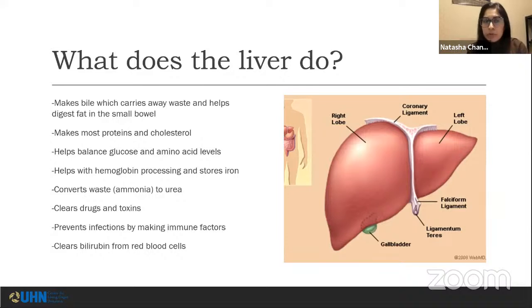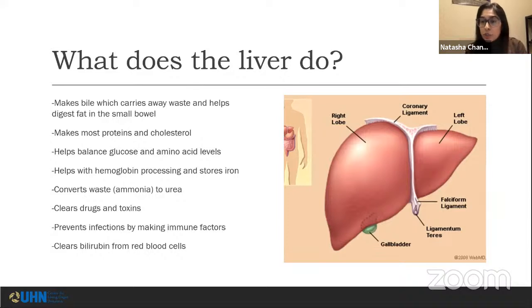One of the very important functions of the liver is to detoxify our bodies. So the liver converts nitrogenous wastes into a product called urea, which is something that we can excrete out. And when the liver is not working, patients will have some major consequences on their central nervous system due to an abundance of nitrogenous wastes that haven't been processed.